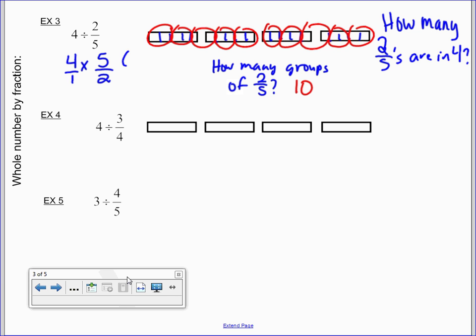Fifths. So this top here represents total fifths. And then the bottom, dividing by 2, is grouping or groups of 2. So total fifths divided into groups of 2.